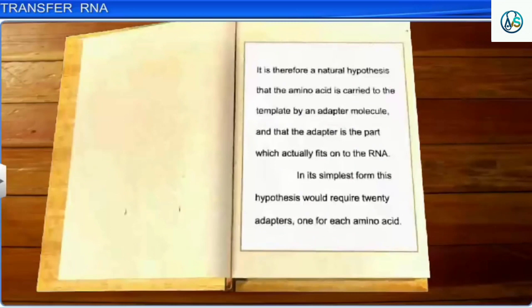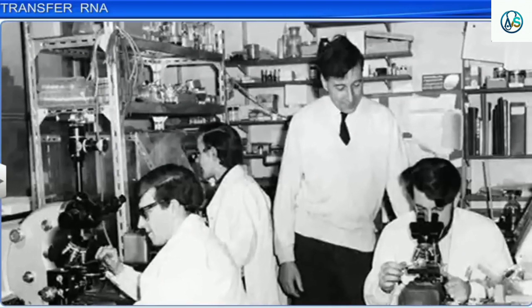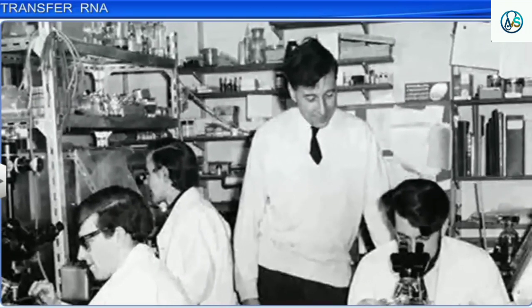In its simplest form, this hypothesis would require 20 adapters, one for each amino acid. Soon after Crick published his hypothesis, scientists across the world worked to find this mysterious adapter molecule that adapts itself to carrying amino acid and reading it to the codon of mRNA.